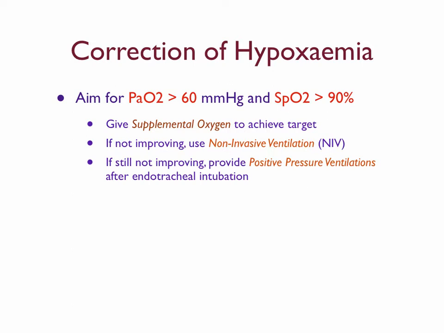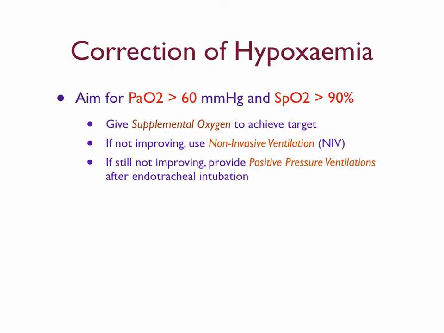Depending on the patient's situation, we may start by giving low levels of oxygen first and then escalating, or by giving fairly high levels of oxygen and then decreasing. Whatever it is, we must quickly aim for a SpO2 of more than 90%.